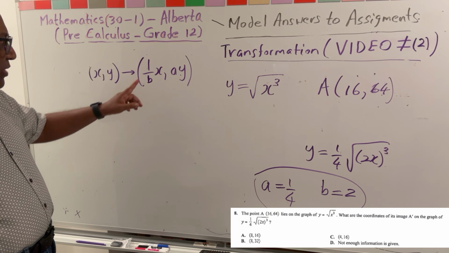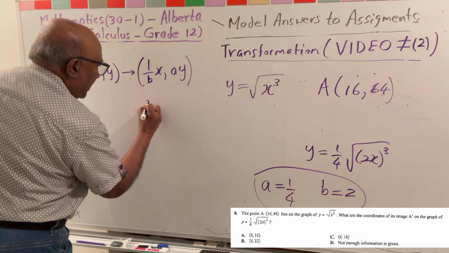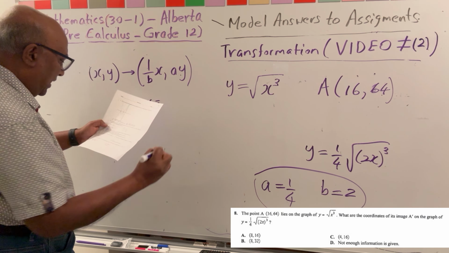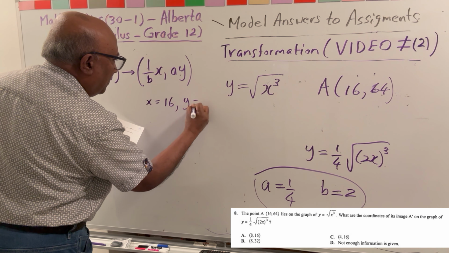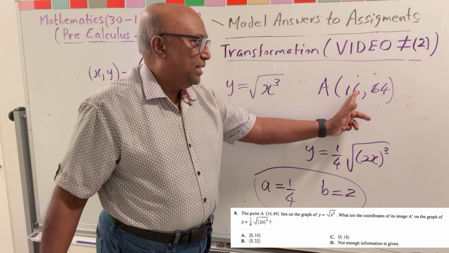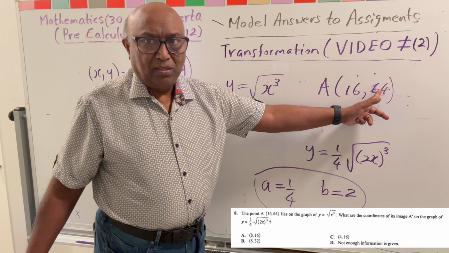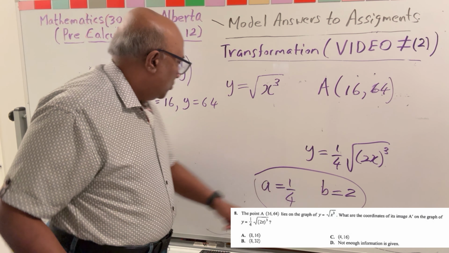Okay. Now let's plug these values into here. What are the values here? X, y are the coordinates of a and b. That is from here. X equals 16, y equals 64. A equals 1/4, b equals 2.